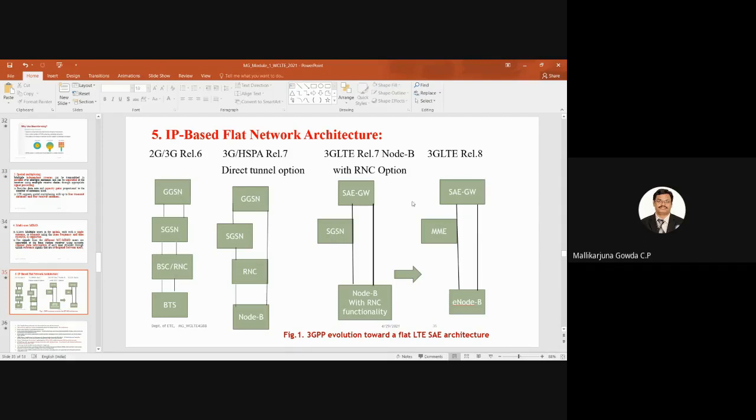So the next release, that is 3G LTE release 8, the functionalities of SGSN have been replaced by an element known as Mobility Management Entity, that is MME. Okay, so MME is what? Mobility Management Entity.